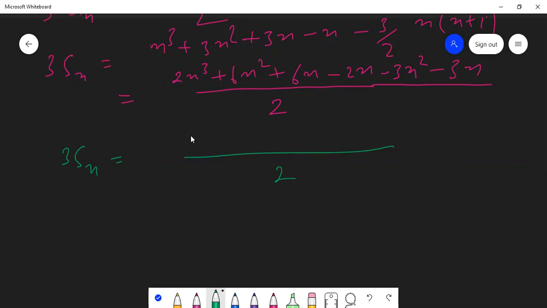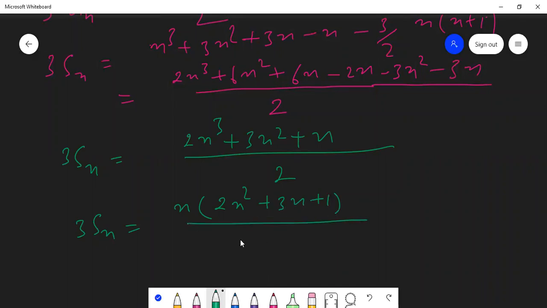So 2n cube as it is, plus 3n square, no problem. And this is plus n. So we get 3Sn is equal to, we can take n common, then it is 2n squared plus 3n plus 1. Now simply factorize it.